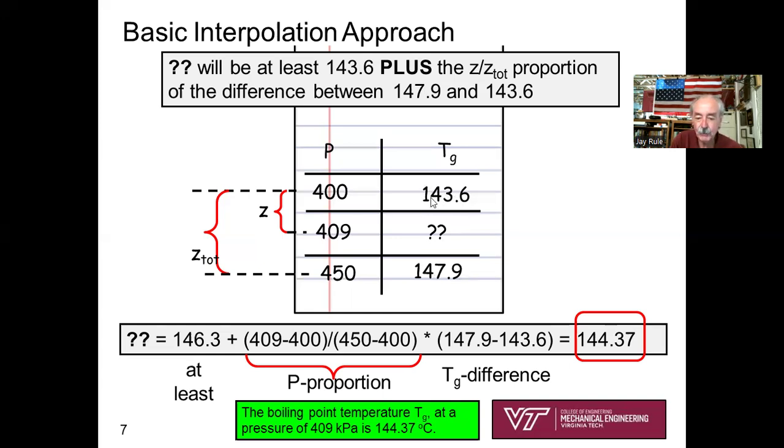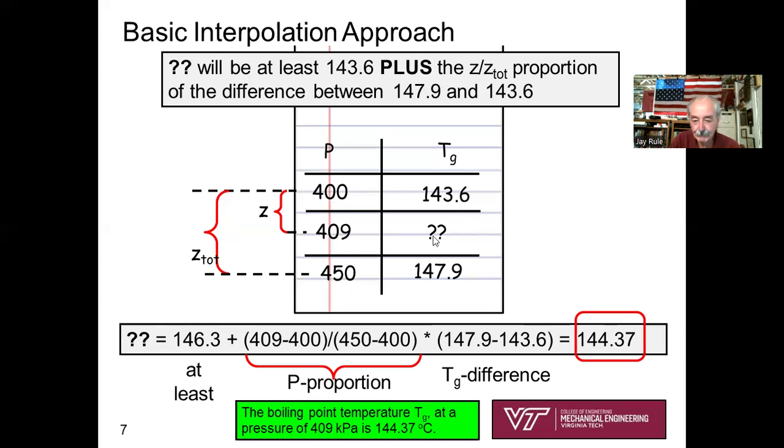It's going to be at least 143.6 plus some proportion of this difference here, and that proportion is Z over Z total. That is the nature of a linear interpolation. So you start with this value and add a proportional amount of this difference.